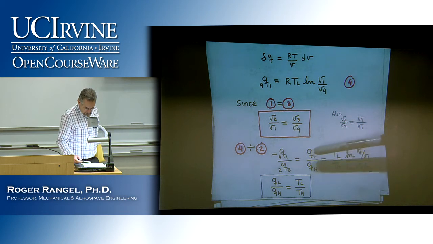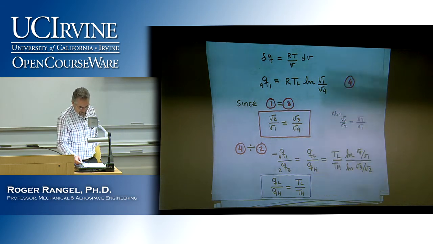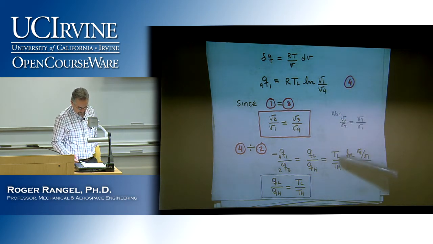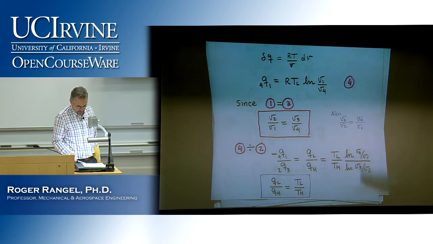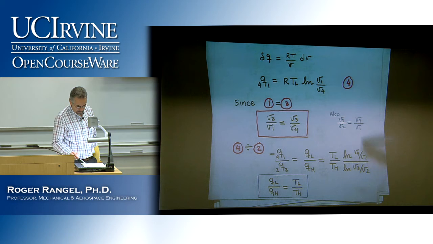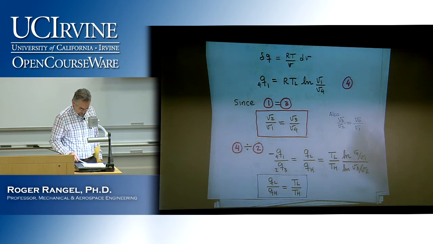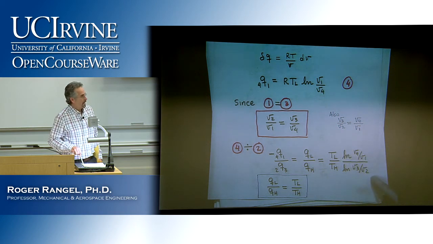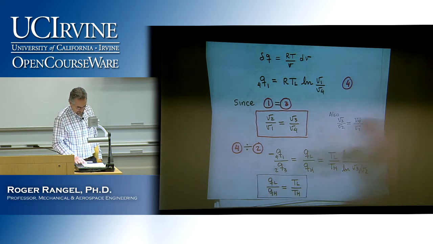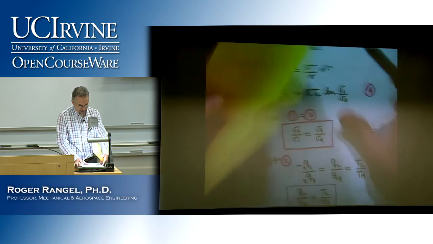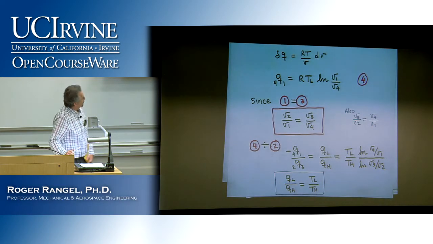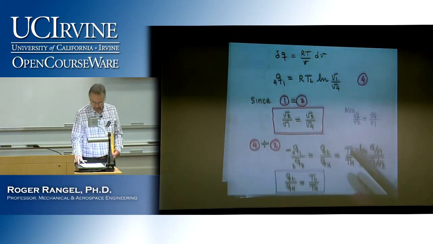So then you have that the ratio between Q sub L and Q sub H, by taking the ratio of the 2 expressions, is this: TL over TH times the ratio of these natural logs. But we just showed that these arguments are the same. V3 over V2 is the same as V4 over V1. So the long story ends by just crossing that out. That's equal to 1. And therefore, Q sub L over Q sub H is TL over TH.